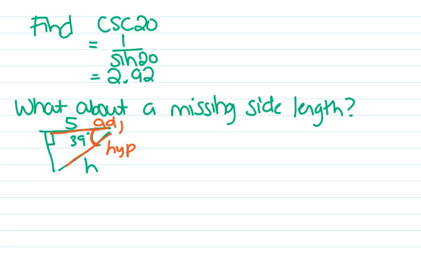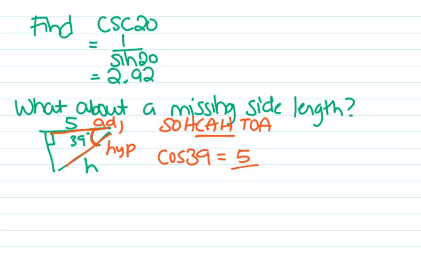Okay, so now I need to look at SOHCAHTOA and say which primary trig ratio contains adjacent and hypotenuse, and that would be cos. So therefore I'm going to use cos. Cos 39 equals adjacent, which is 5, over hypotenuse. So I need to solve for h, so I need to get h by itself.